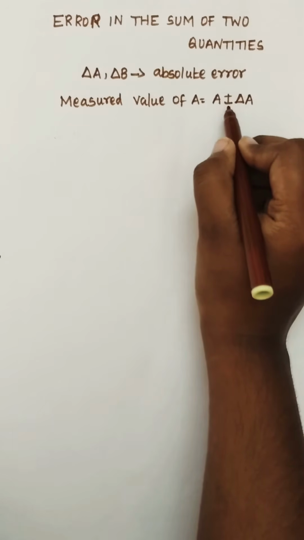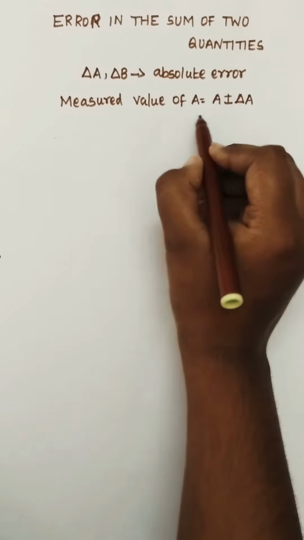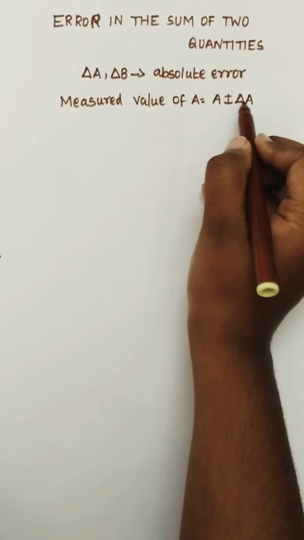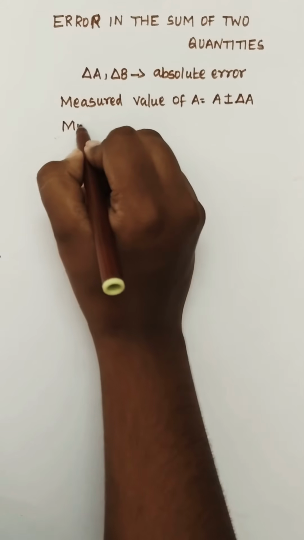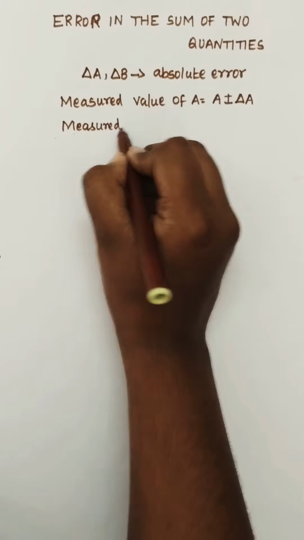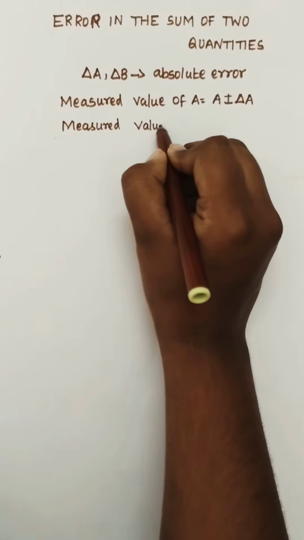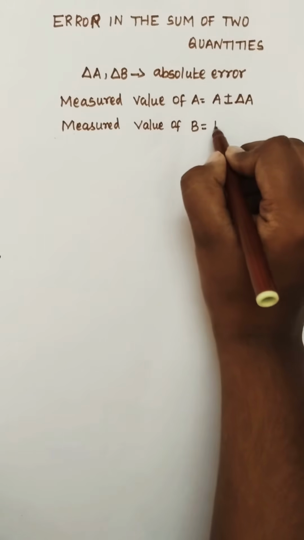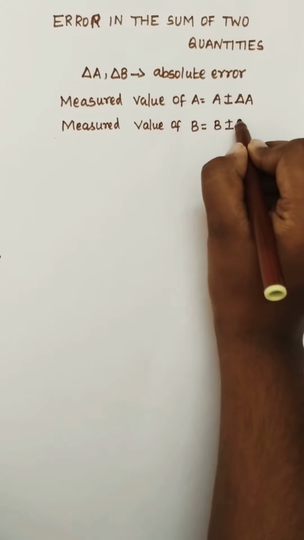So both the errors are there, positive error and negative error. So I am writing the measured value of A as A plus or minus delta A. Same way for B, because for two quantities I am assuming. So next one is measured value of B. So measured value of B is B plus or minus delta B.